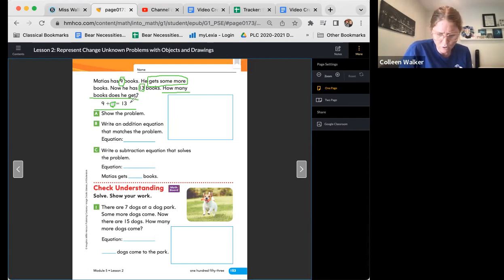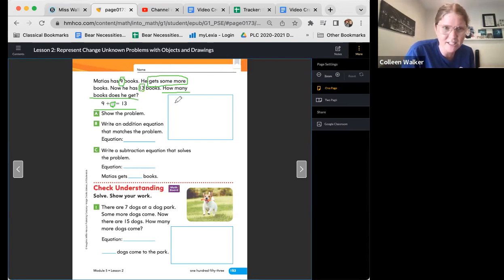All right, so how are we going to figure out how many more books he got? What could we do? Yes, if you said we can draw a 10 frame and put 9 of the books in there, and then we can keep adding counters until we get to 13 to figure out how many more to get there. So friends, let's go ahead and draw.